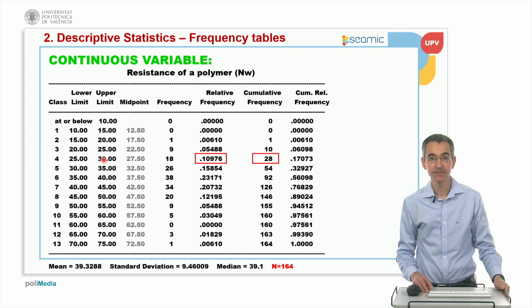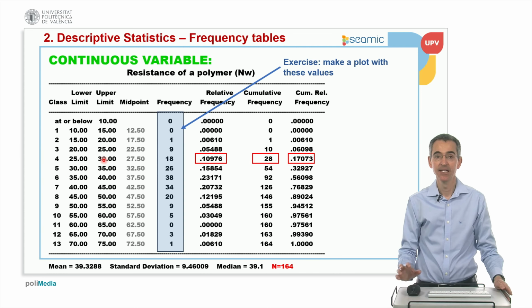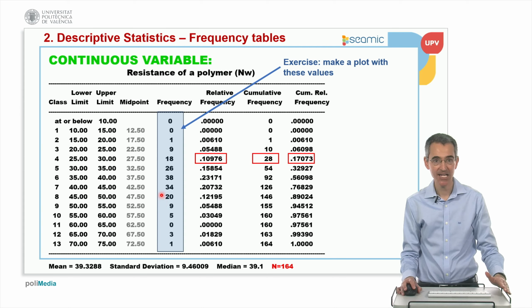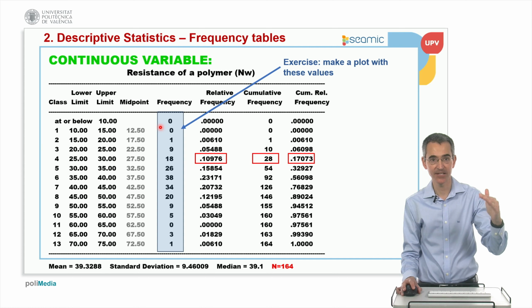Good. Okay, so this is the example that I was describing. Now imagine that we focus on these values. Okay, and then one exercise that often I ask to my students is to represent these values graphically.